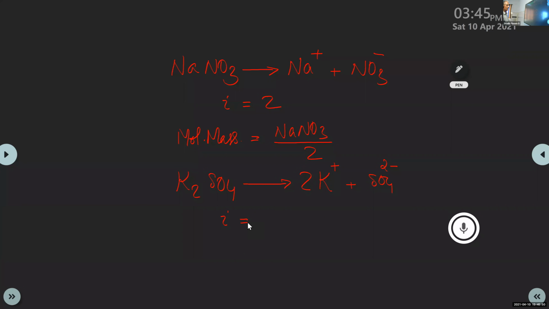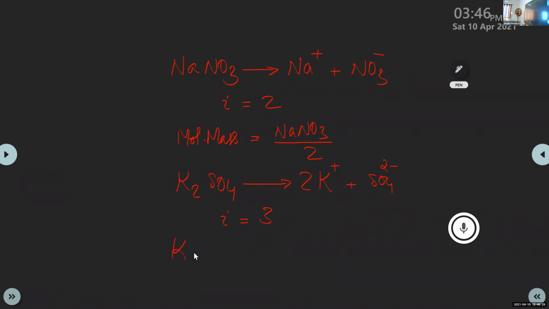How many potassium ions are there? Two. 2 potassium ions and 1 sulfate ion. So what will be the total number of ions produced? Three, sir. So what will be the Van't Hoff factor i? Three. Vidur, it is 3. Van't Hoff factor is equal to 3.